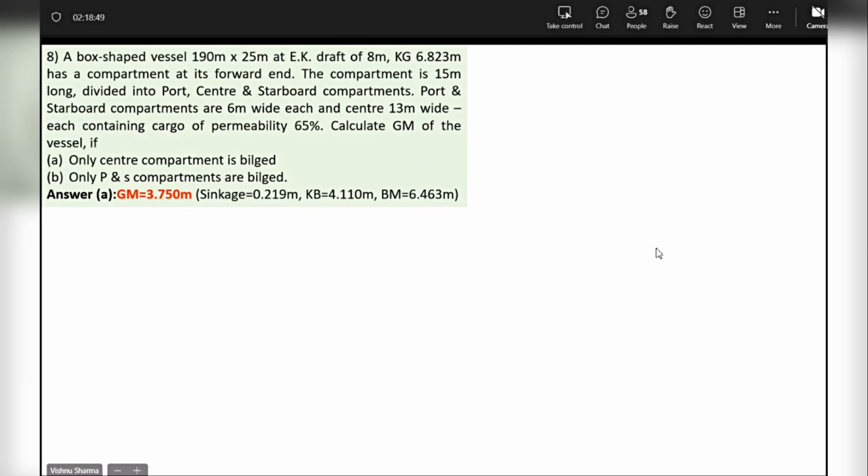I have inserted permeability in the spaces. So this is for you to try. This is the answer to part A. Have you taken the screenshot of part A's answer, beta? Okay. Then take the answer for part B also. This is for part B, beta. Part B, GM 3.501 is for part B.